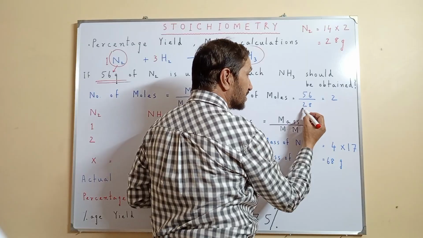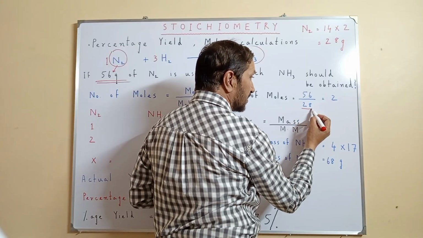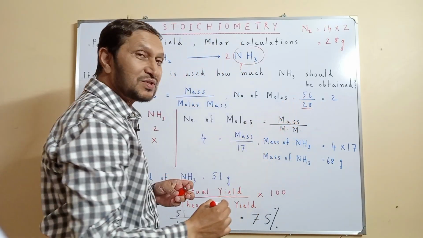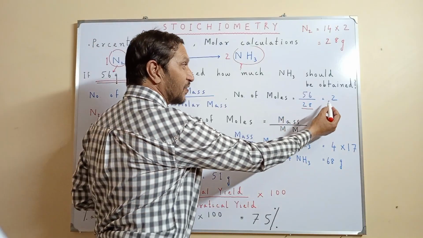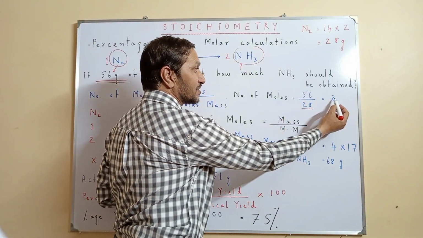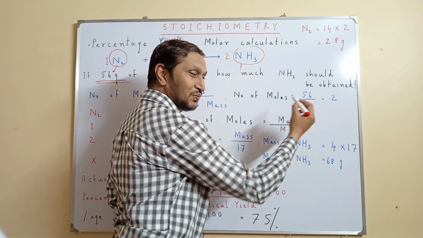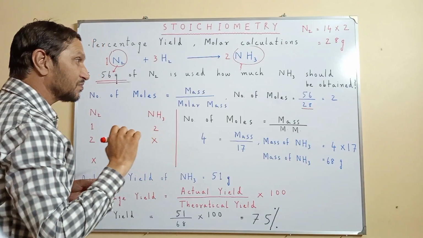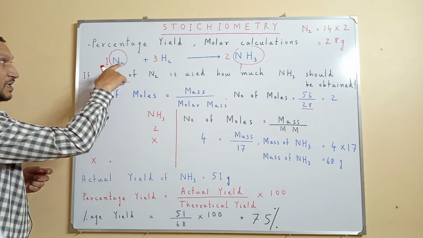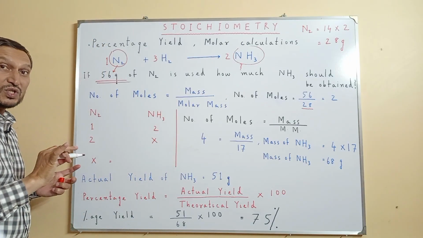So when we applied these two values in the formula, we found that the number of moles of nitrogen being used in this chemical equation is 2.